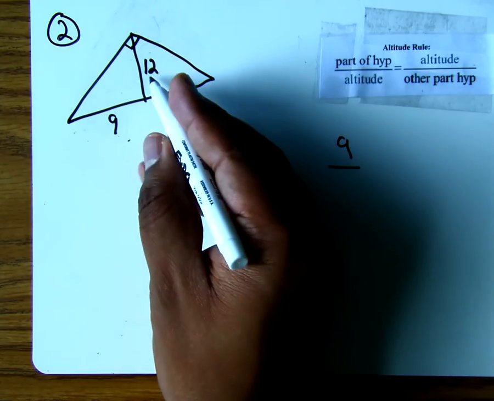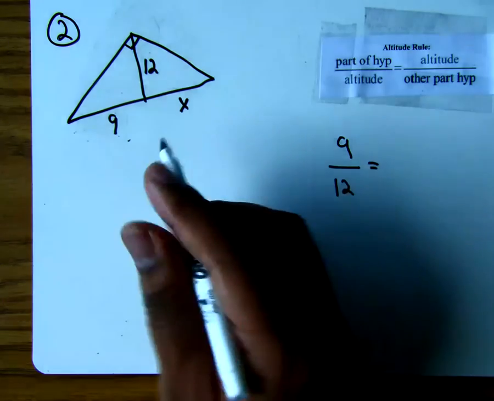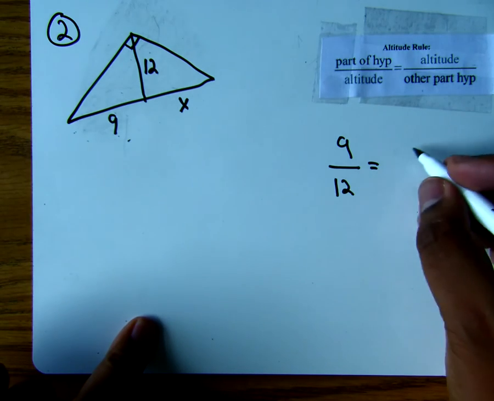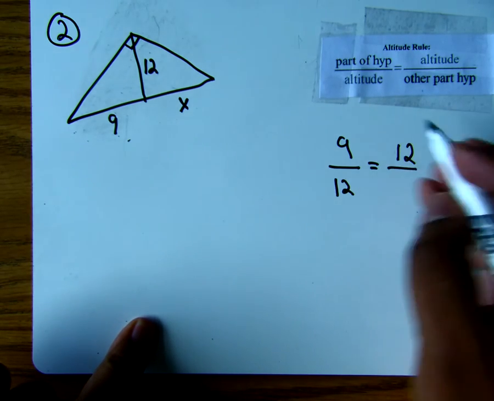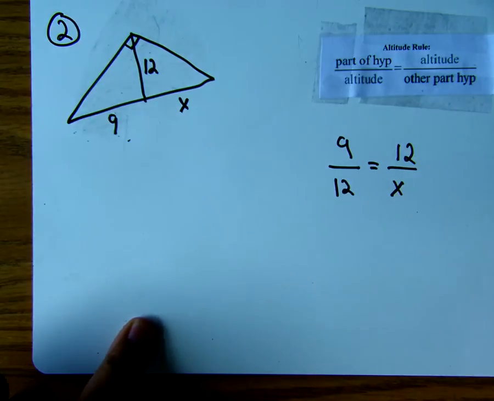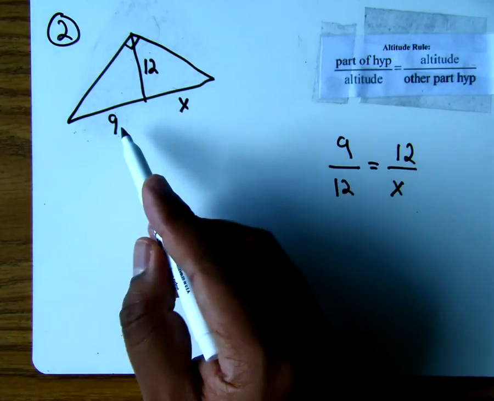Put it over the altitude, which is 12, and set it equal to 12 over the other part of the hypotenuse, which is x. Now, the x could be in a lot of different places.